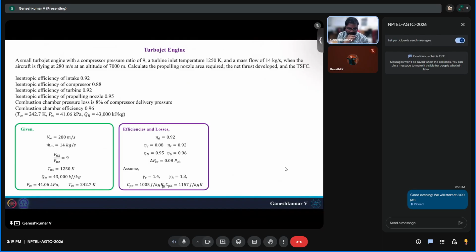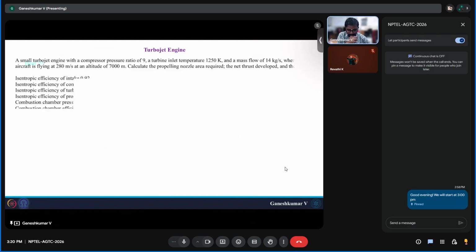Where air is 1.4, we know, and the hot gases coming out of the combustion chamber are going to be 1.3, the specific heat ratio. And CPC and CPH are the constant pressure specific heats. So we need to find these three parameters, A9, T, and TSFC.